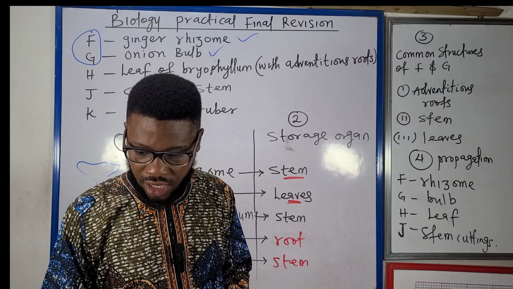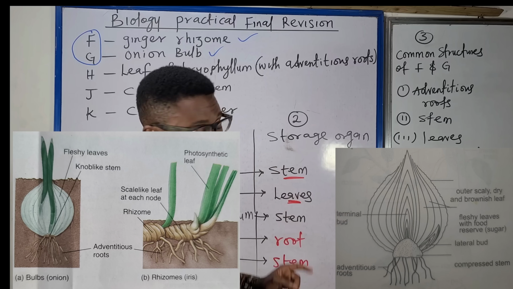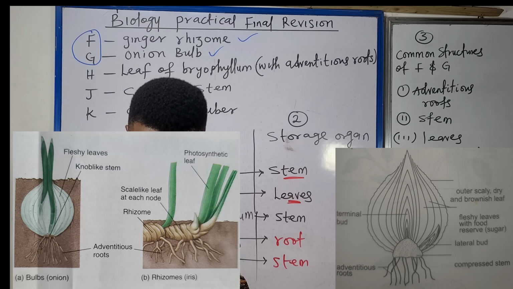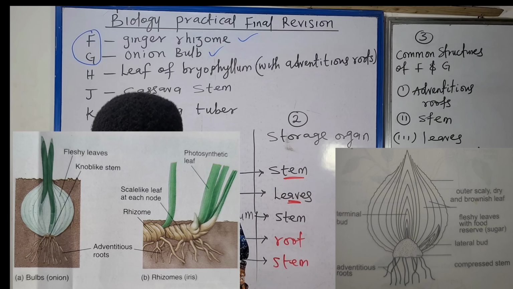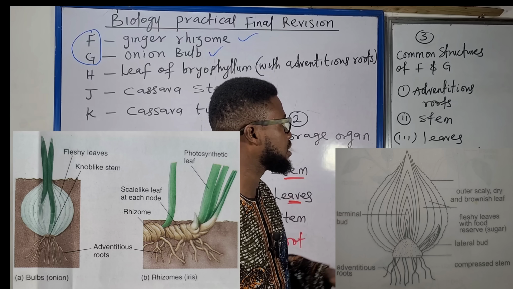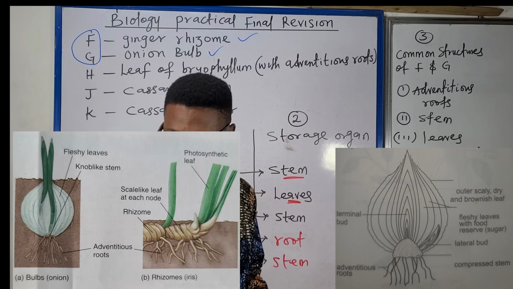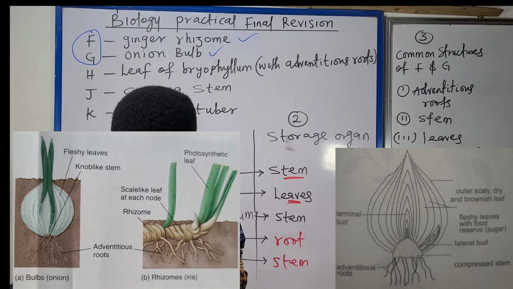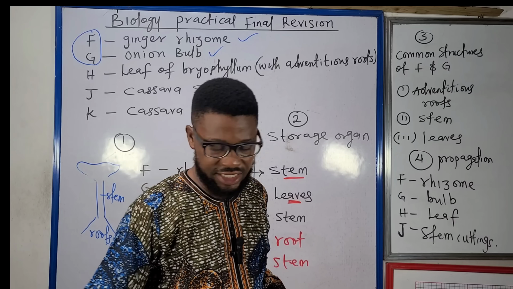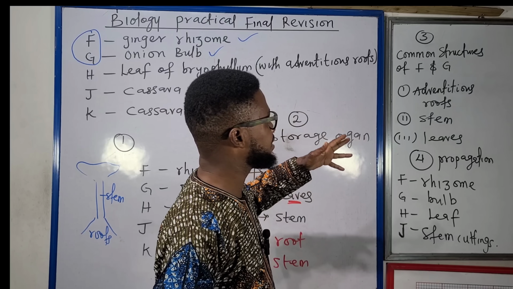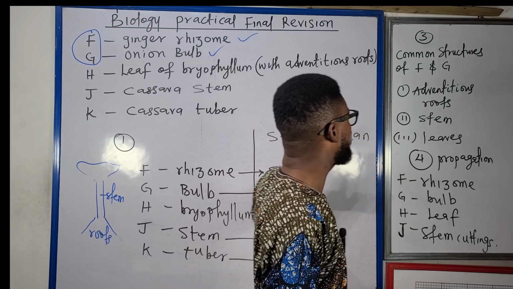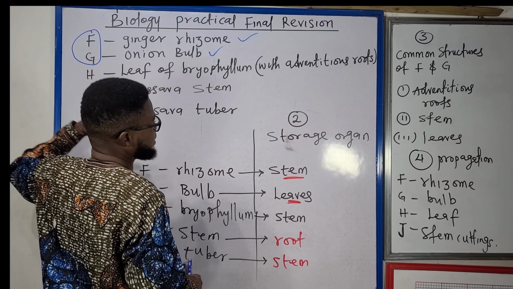In the case of the onion bulb, you're going to see the compressed knob-like stem. And for the rhizome, that's the modified stem. So they both have stem, and also they both have leaf. You can see the green leaf for all of them, both the photosynthetic leaf and the fleshy leaves. So they both have leaves. That is something common to specimens F and G.